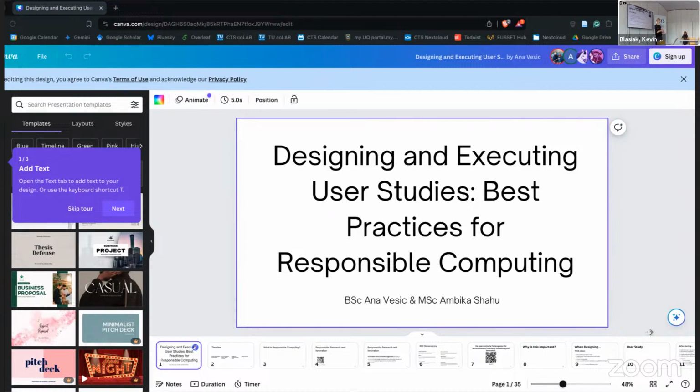So even before going to these RRI dimensions, we first define the problem that we want to solve. Then we consider what is our target group, who are the people that we are trying to target with our solution, how this problem affects them and how our solution should affect them, and what are their needs actually.